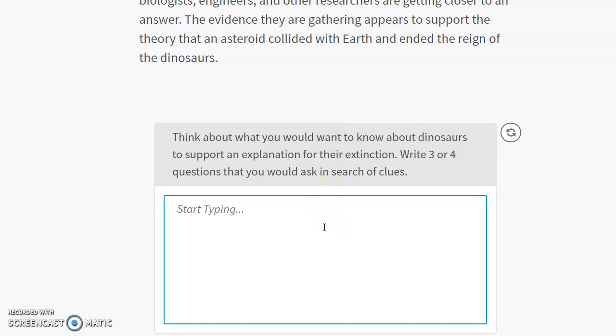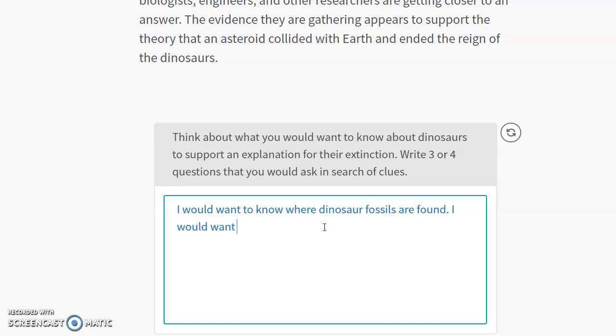Think about what you want to know about dinosaurs to support an explanation for their extinction. Write 3 or 4 questions that you would ask in search of clues. So I would want to know where dinosaur fossils are found.